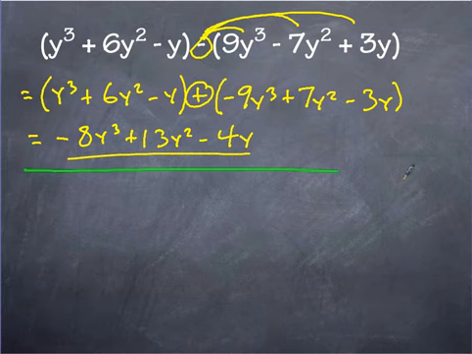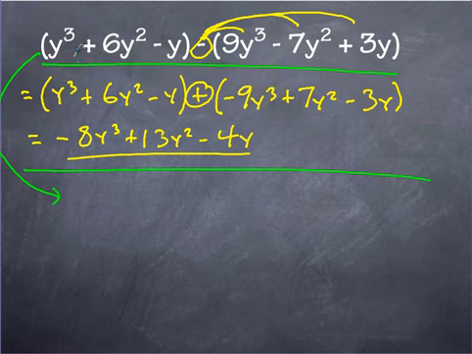Now, our other option is something called the vertical method, where you treat the problem a little bit differently. And this, again, helps us to avoid making mistakes. So I'm going to take the original problem, but I'm going to put it down here. I'm going to recopy the first trinomial, y to the third plus 6y squared minus 1y.